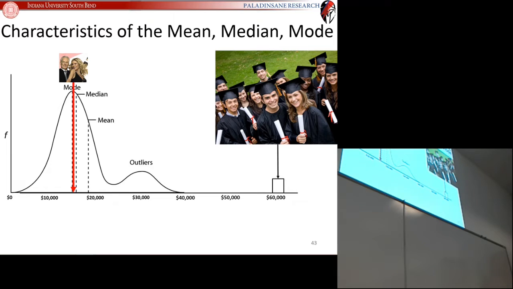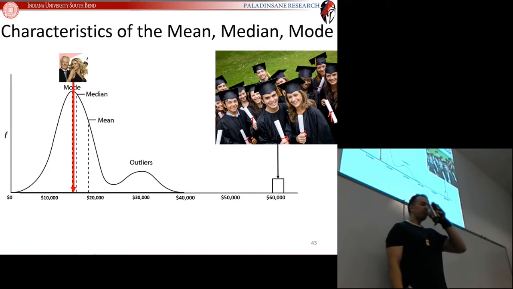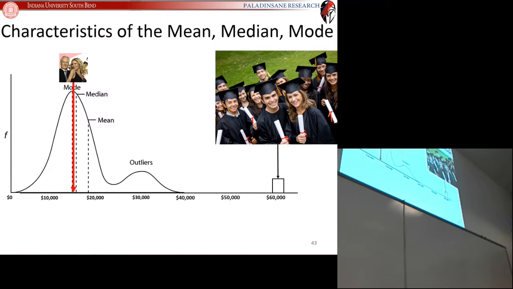So the only way the mode moves is if another score becomes so frequent that it becomes the new most frequent score, it becomes the new mode. Outside of that, the mode doesn't care what happens out here because that frequency just is not high enough. So in this case, what you would want to do is take a look at your frequency distribution.